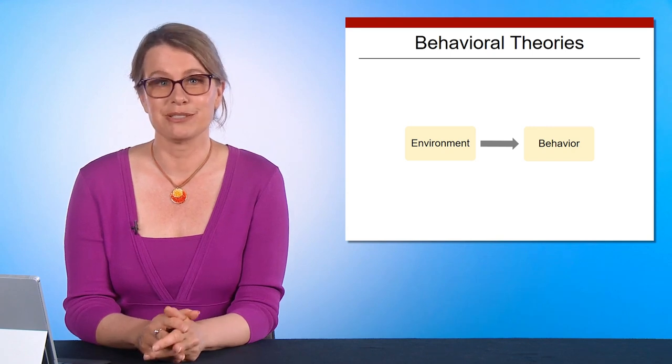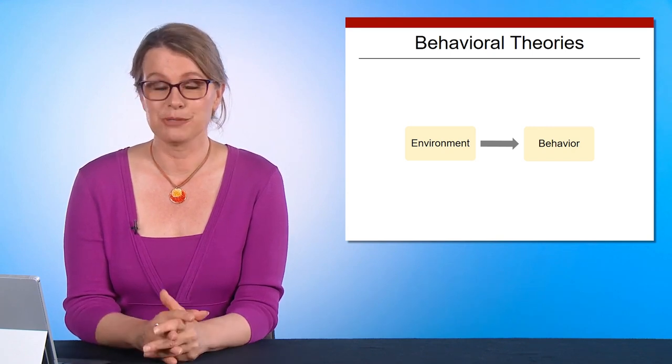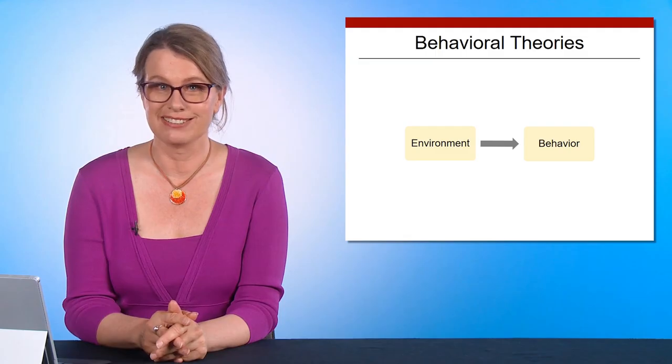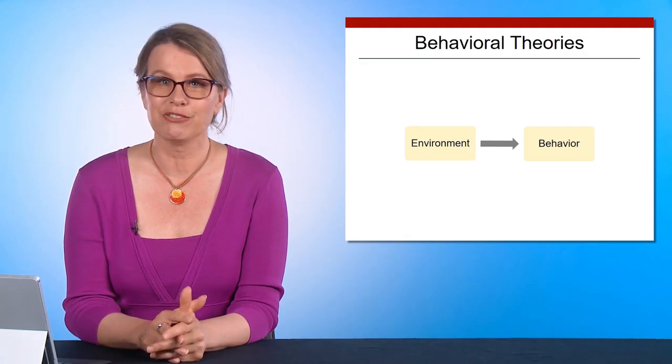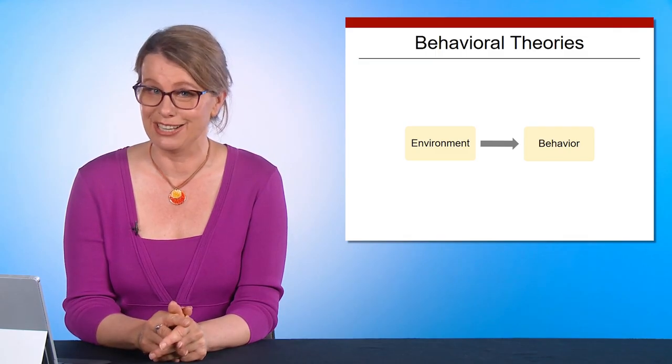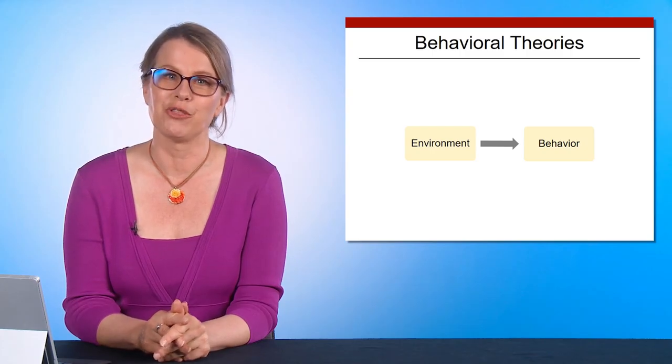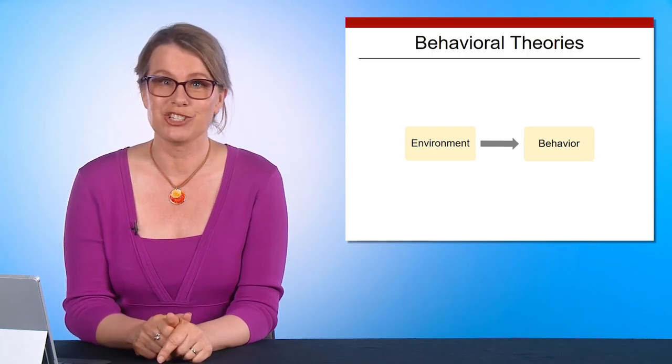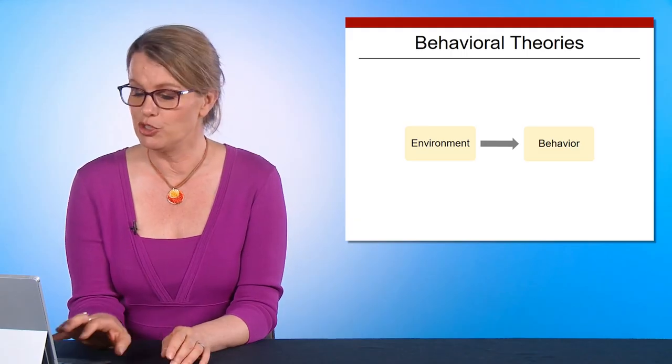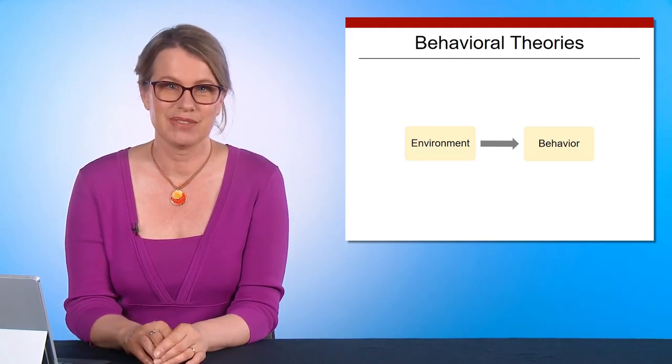Based on behaviorism, we are basically seen as products of our environment. Behaviorism is often referred to as the theory about sticks and carrots, as a metaphor for the use of a combination of reward and punishment to induce a desired behavior.